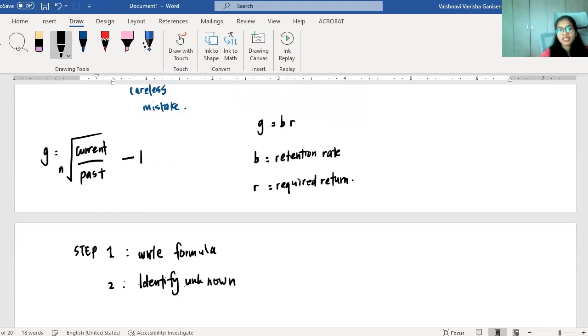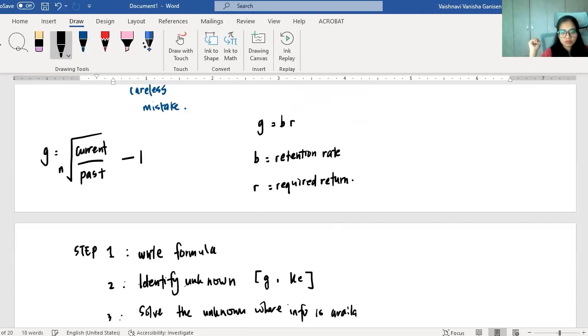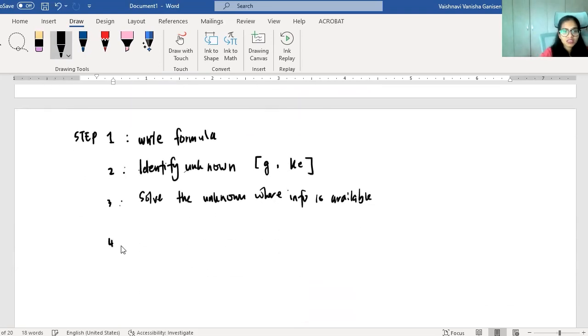Normally the two unknowns that you will have are G and KE. From G and KE, the first unknown that you can solve is G. So solve the unknown where info is available. And finally, calculate your KE.